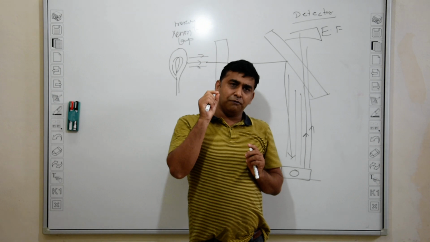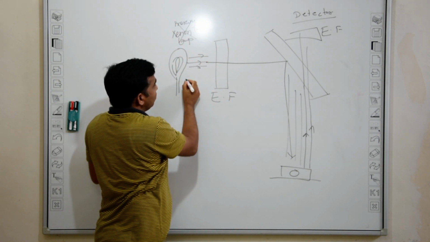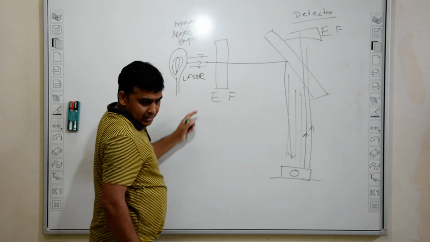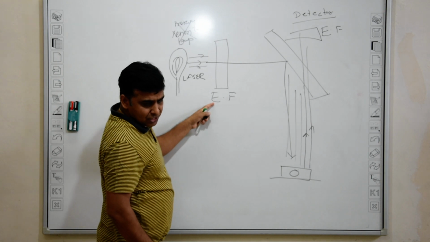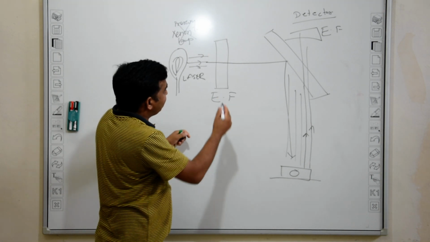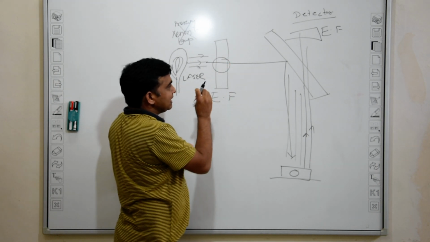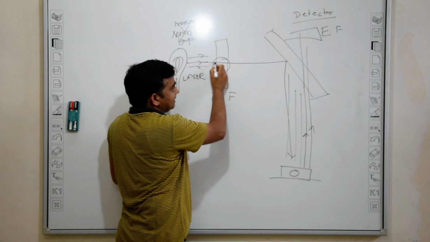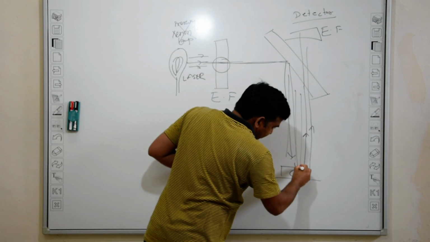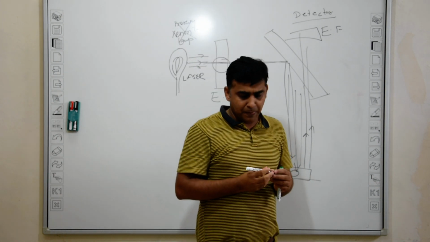In confocal microscopy, instead of a mercury or arc lamp, we are using a laser. And at the excitation side, we have an aperture or pinhole, which allows a very specific narrow beam of light or laser, and this will go and hit the very specific part of the cell which we want to see.